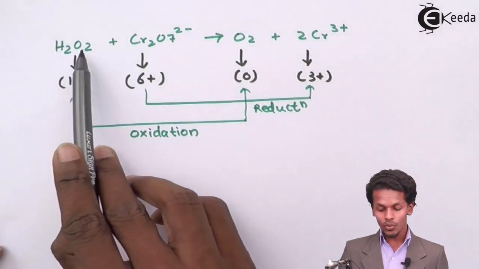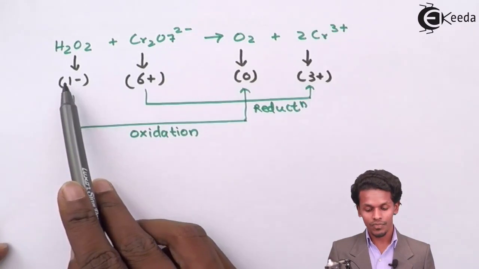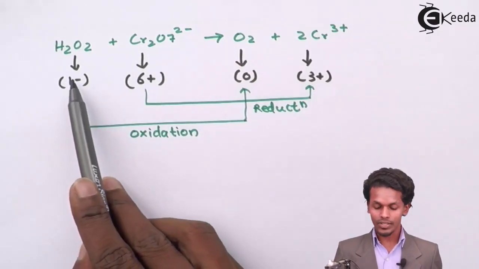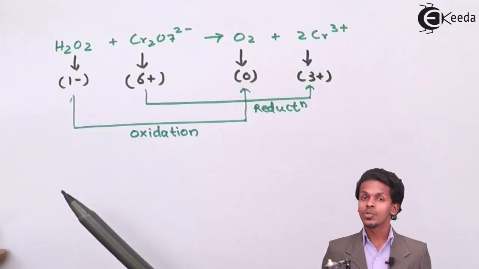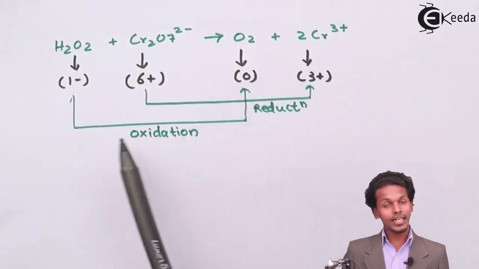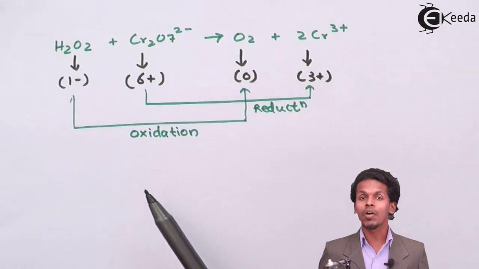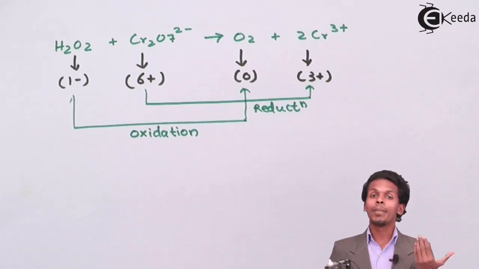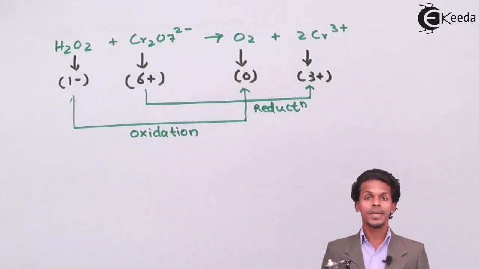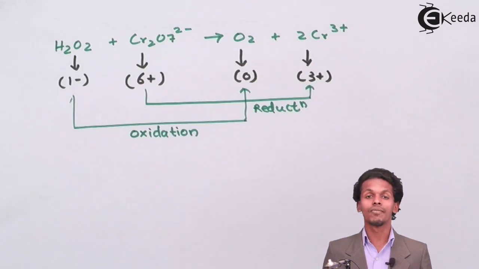In this case, the H2O2 molecule, in which oxygen had an oxidation number of 1 minus, is converted into 0. Therefore electrons are being lost, which is why it is called oxidation. To convert -1 to 0 means you have eliminated 1 electron.